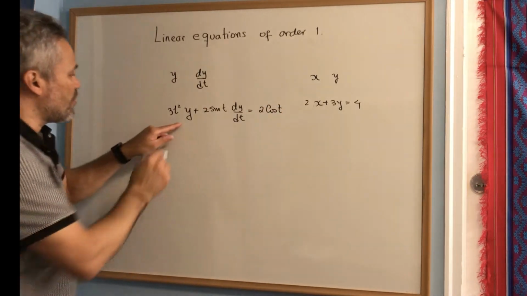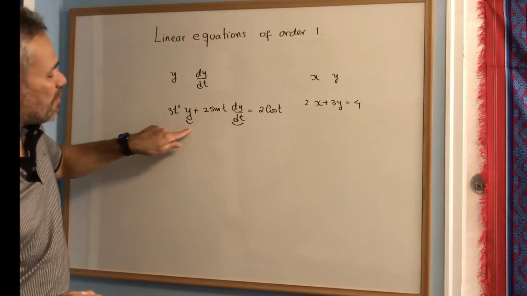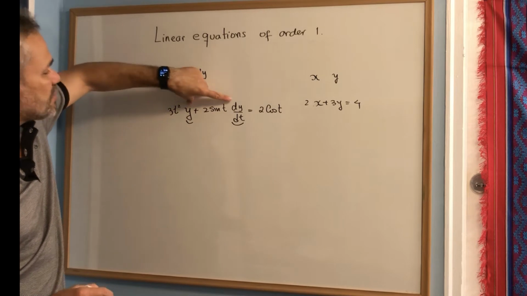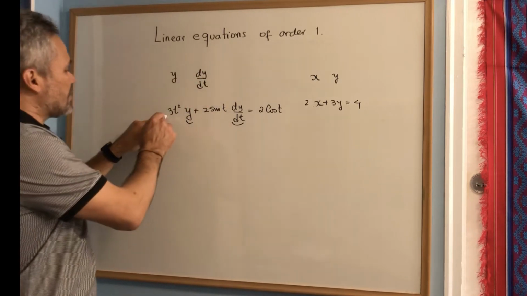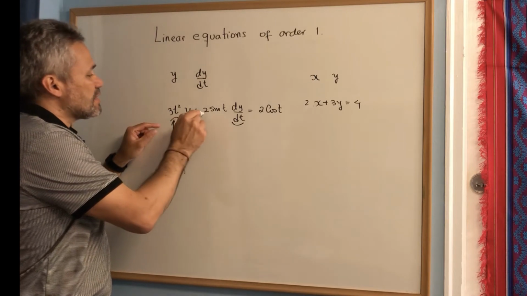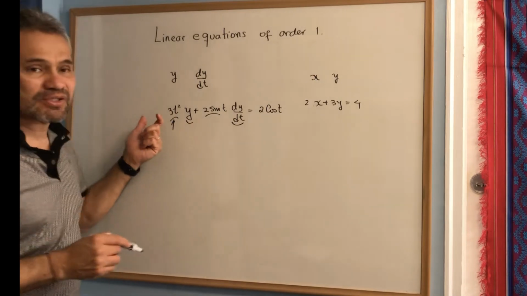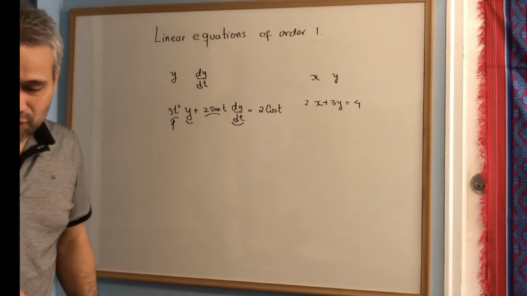You see here the variables are y and dy/dt. They are not multiplied with each other, and they are not raised to the power of 2 or 3 or something like that. What is playing the role of coefficients are functions in terms of t, or it could be just numbers. And when you have something like this, we say that this is a linear equation.